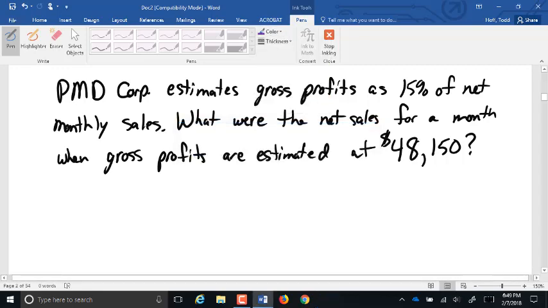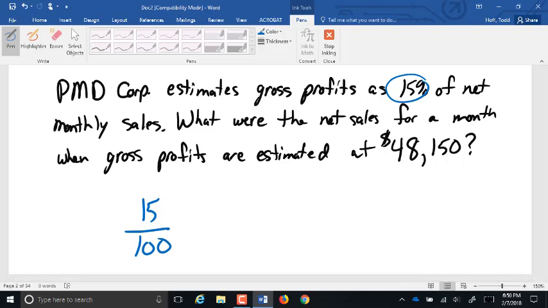So, just like in our simple problems up above, we have a percent here. That percent is 15%. That's 15 over 100. Remember that 15 represents a piece that we're zeroing in on. The 100 represents a larger base amount.